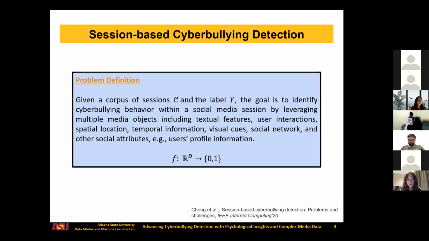Given a corpus of social media sessions and the corresponding label y, where y is a binary variable with 1 denoting bullying and 0 otherwise, our goal is to identify cyberbullying behavior within a social media session by leveraging the various information in the session, such as textual features and user interactions, spatial location, temporal information, and even images, social network, and other social content, such as user profile information.